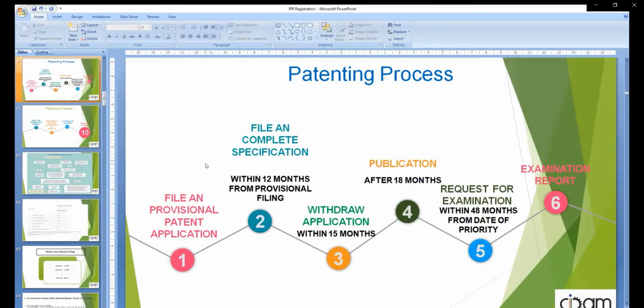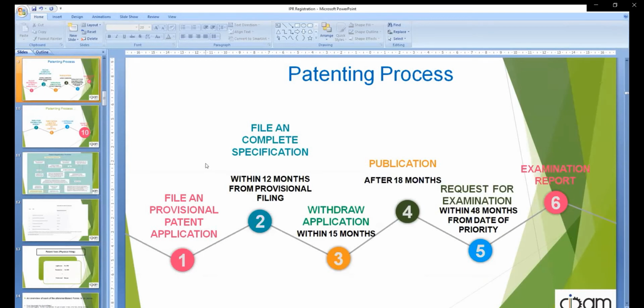But when we file the complete specification, we make our set of claims, and our invention or innovation will be protected on the basis of the claims we make. And we provide the drawings, the full representation of the invention, flow charts, and diagrams. At the end of the presentation, I will show you the forms and how they look.